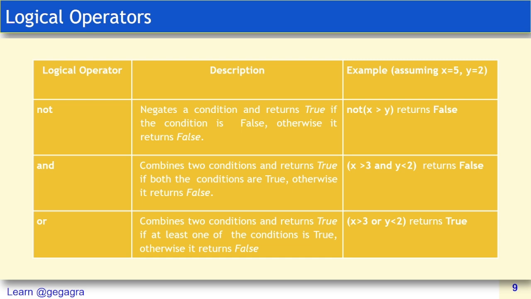Then we use OR. When we combine two conditions using the OR operator, it returns true if at least one of the conditions is true. Otherwise, it will return false. For example, x greater than 3, so x is 5, so 5 is greater than 3, or y less than 2. Here x is greater than 3, and that is why this returns true.